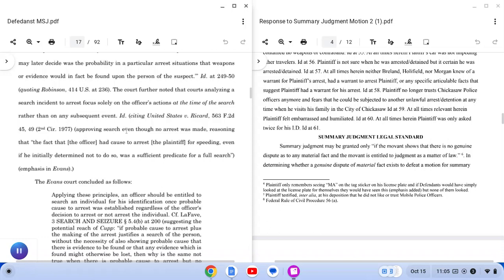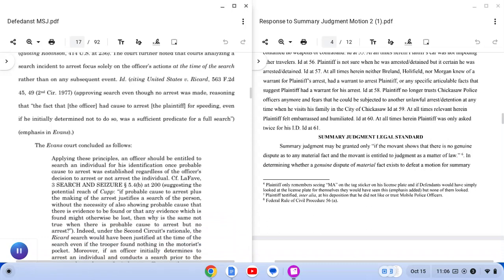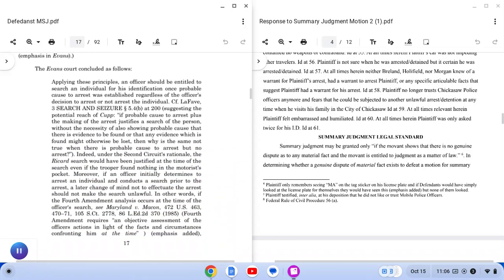Approving search even though no arrest was made, reasoning that the fact that the officer had cause to arrest the plaintiff for speeding, even if he initially determined not to do so, was a sufficient predicate for a full search. Notice how they argue in this case, boy. They trying to get out of it, y'all.